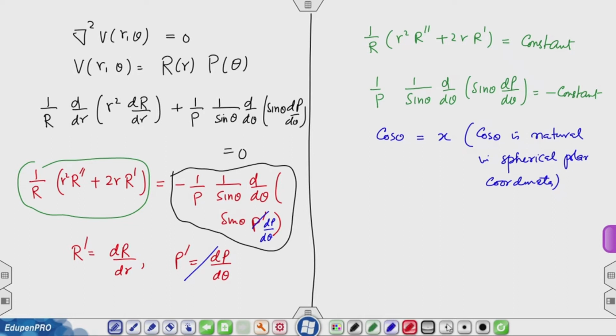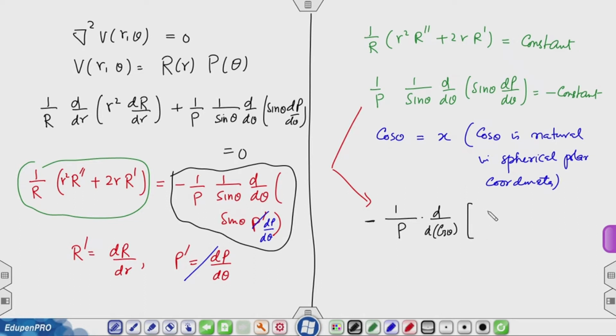And therefore, this equation can be written as 1 over P, 1 over sine theta d theta will become d by d cosine theta with a minus sign in front.